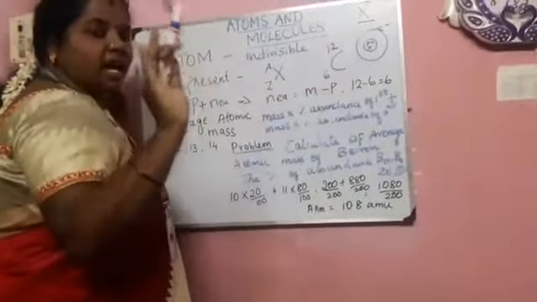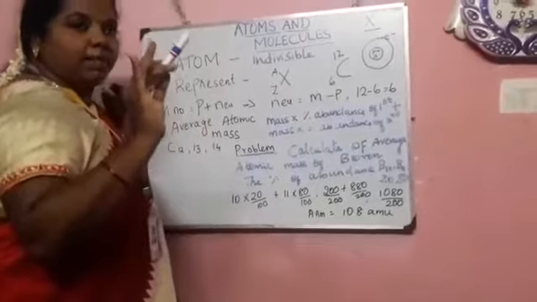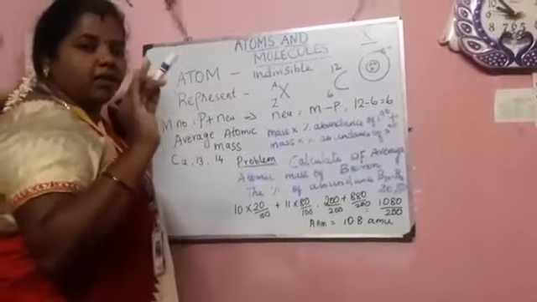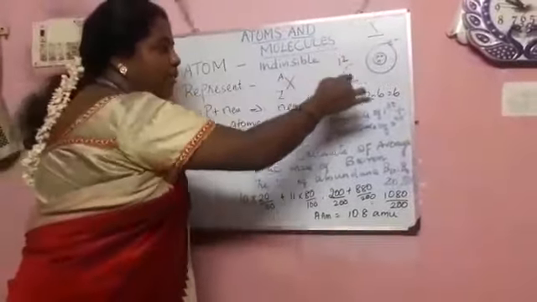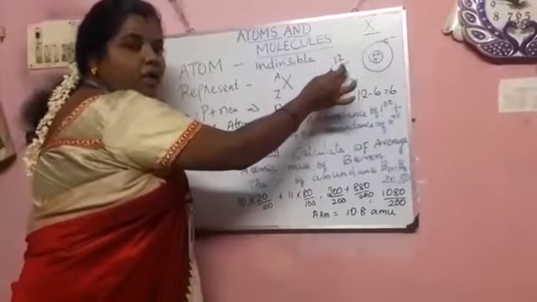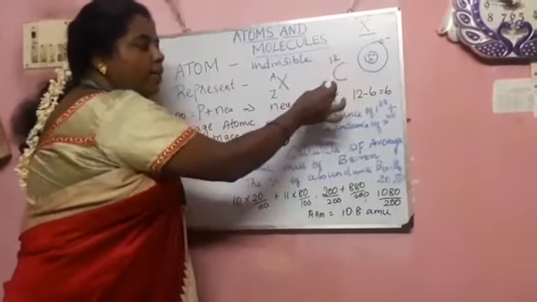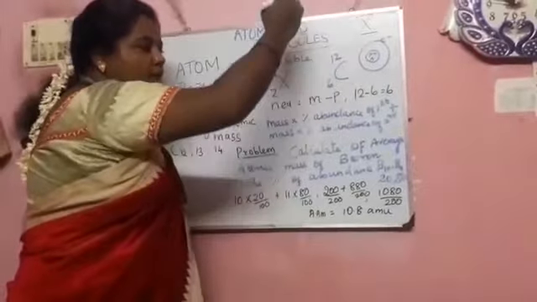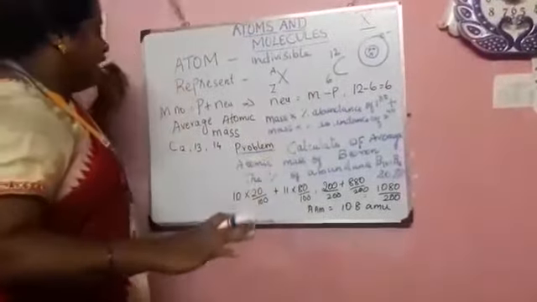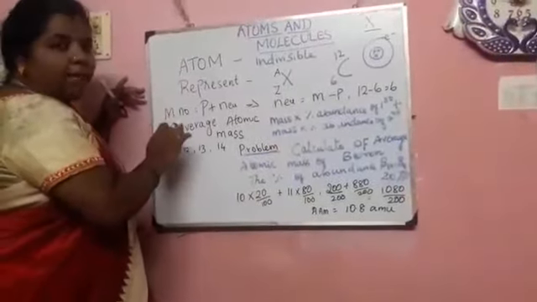For example, if you consider carbon, the atomic number for carbon is 6 and the mass number for carbon is 12. It is a way of representing the element. The symbol of the element is in the center, with the atomic number and mass number at the bottom as well as the top. How do you calculate the mass number?